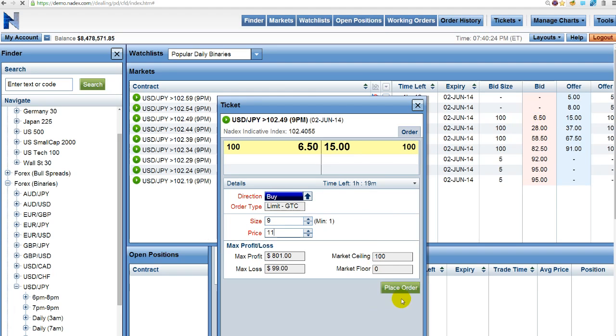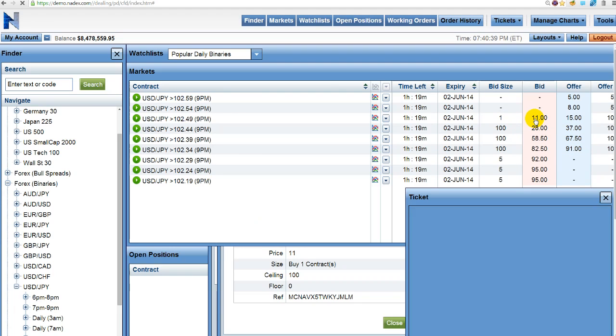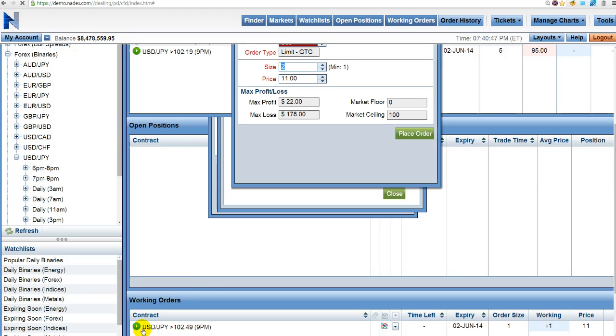Notice how when I put this order in, it shows 1. It doesn't mean the liquidity is 1. That's the liquidity of the best price that's available. If you click on the ticket, you can actually see that there are 100 contracts available at $6.50. Okay? So you can see 3 levels deep on the liquidity.